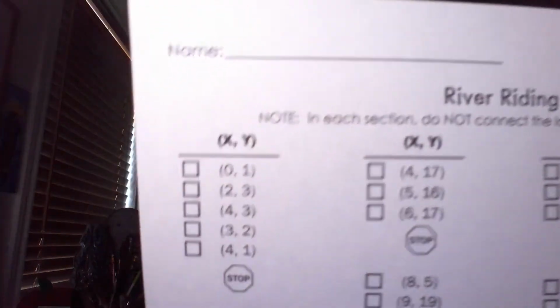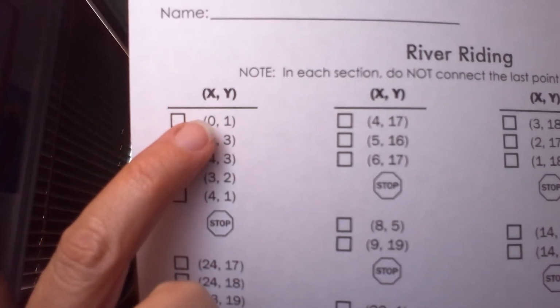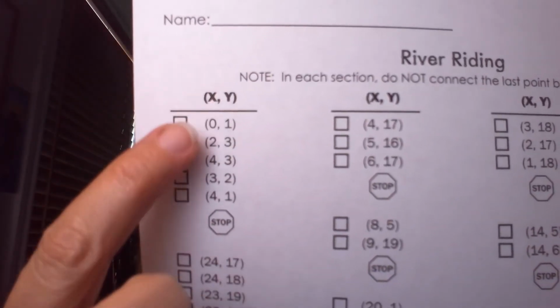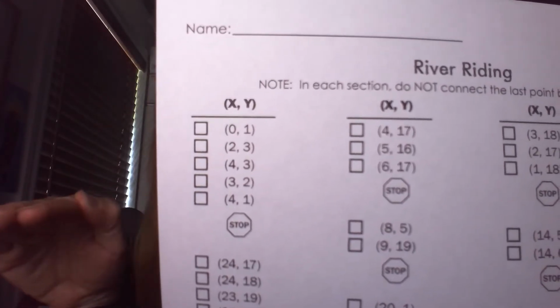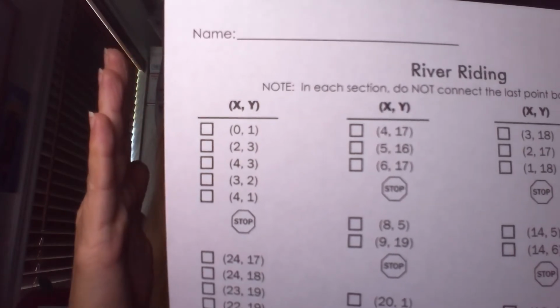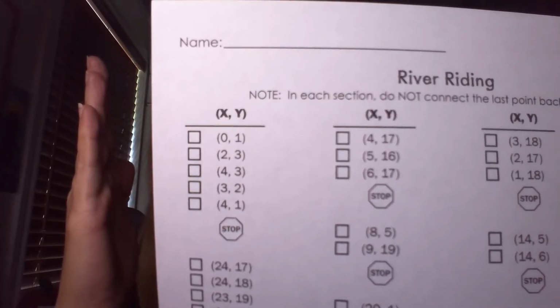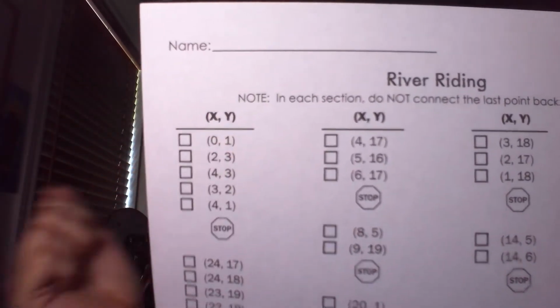The way I was taught is you start at the very beginning. So my first dot goes at 0, 1. Now remember, your first number is x, and x always goes side to side. Y goes up and down. Why it does, nobody knows. So I'm going to put my first dot at 0 and 1.